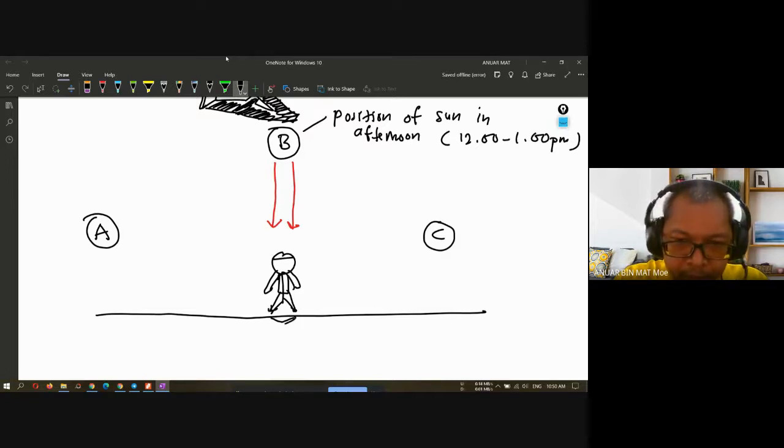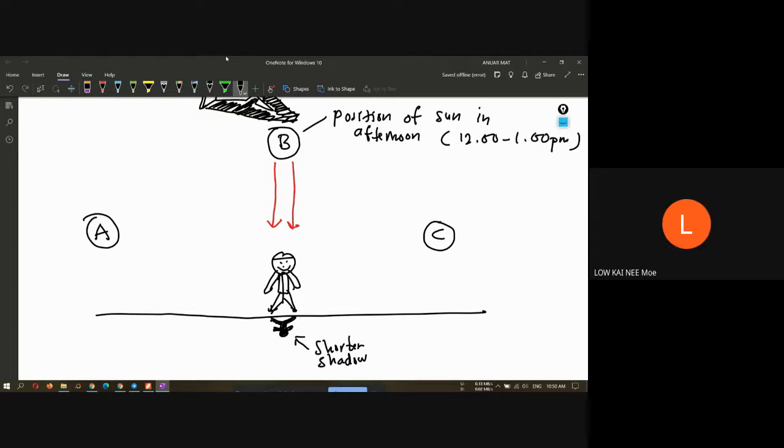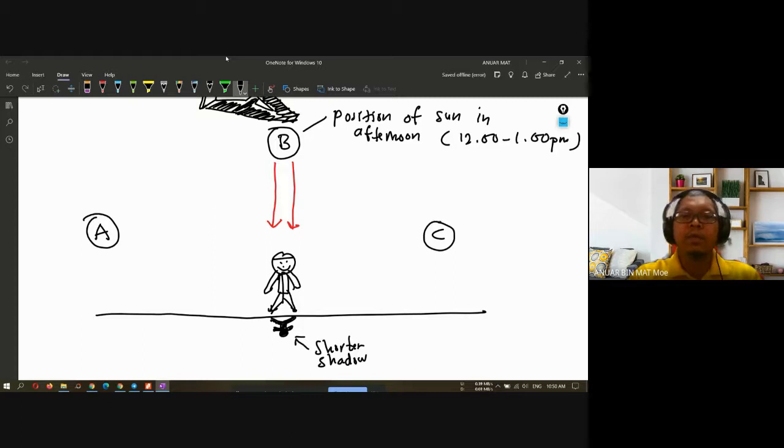The shadow will become like this. So it will cast a shorter shadow. You understand this? Okay, they will become shorter shadow.